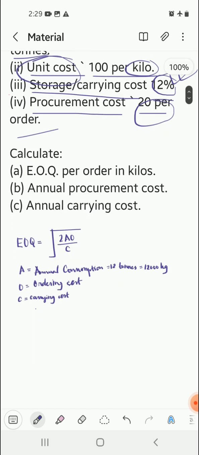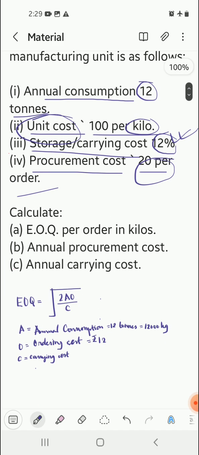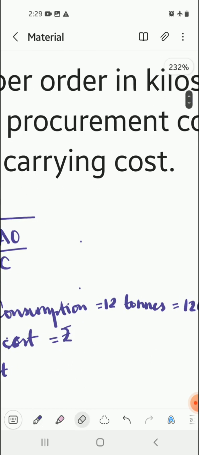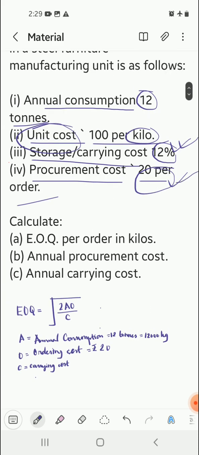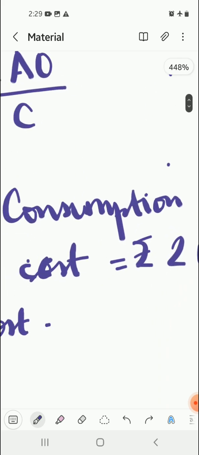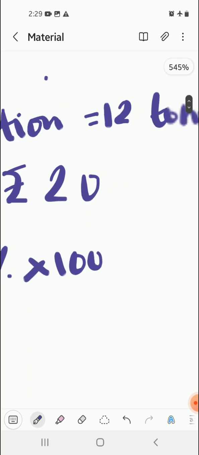Sorry, the procurement cost is 20, that is the ordering cost. And then the carrying cost is given as 12% of the unit cost. Unit cost is 100, so 12% of 100 will be 12 rupees.